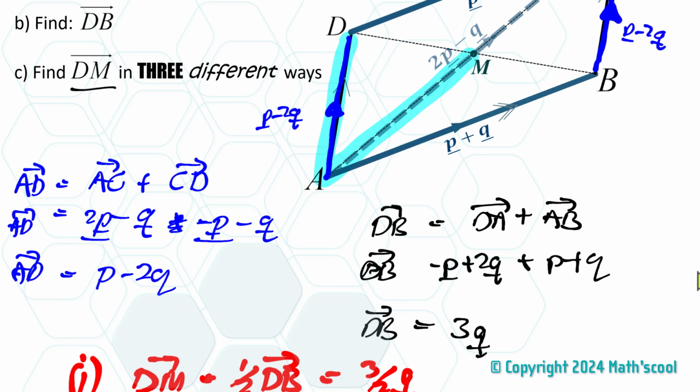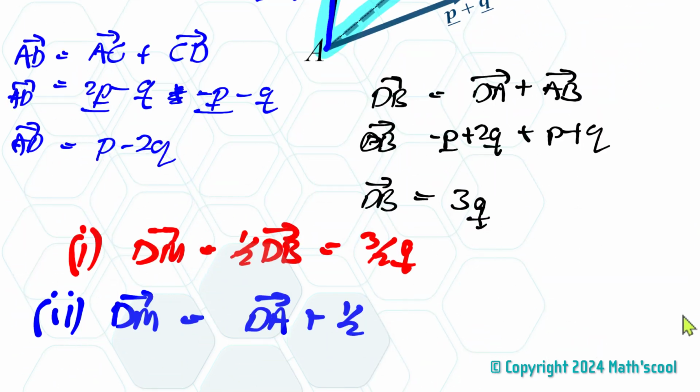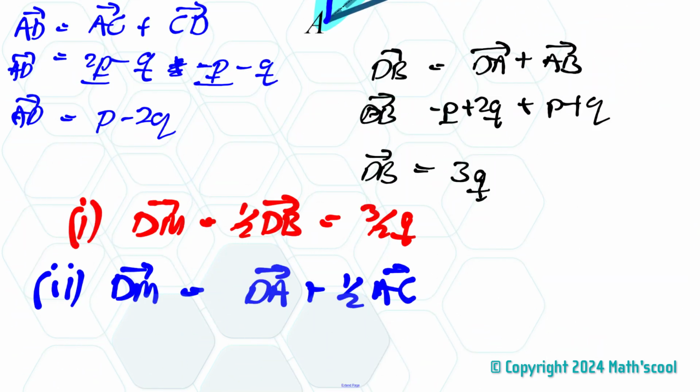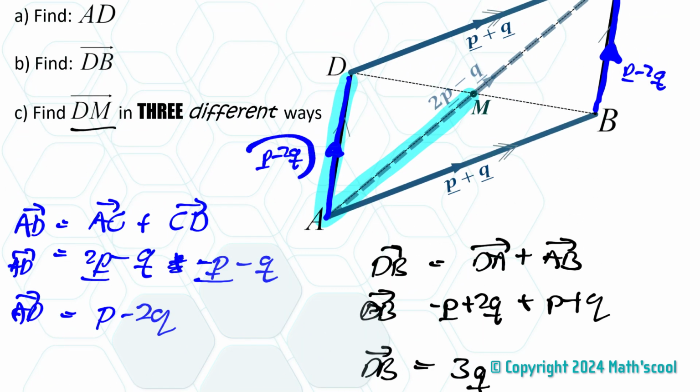Okay, so I'm going to go D to M, my second method. D to M is D to A plus a half of A to C. D to A, I already know, is the negative of that.